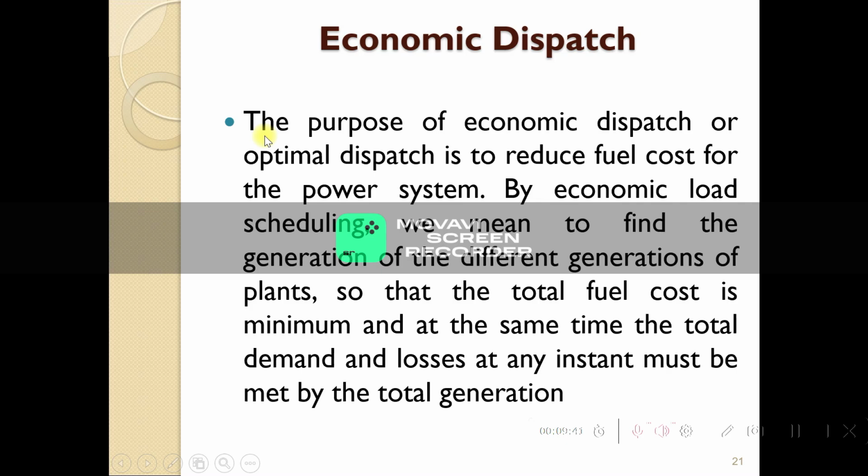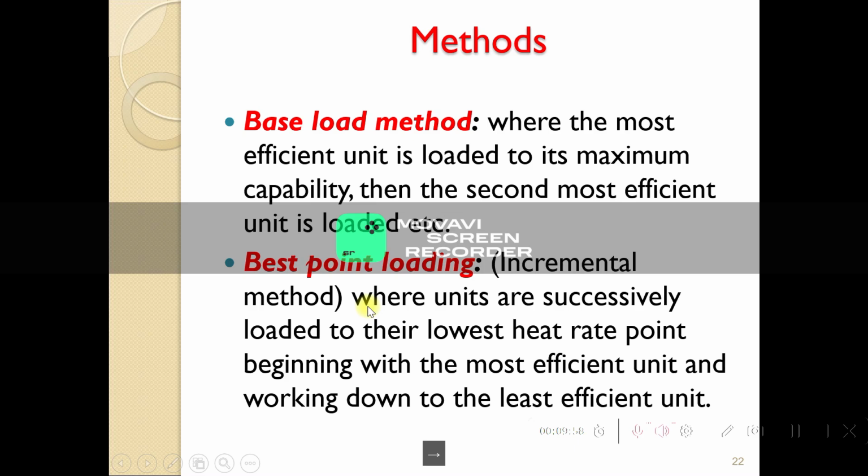Economic dispatch. The purpose of economic dispatch, or optimal dispatch, is to reduce fuel cost for the power system. By economic load scheduling, we mean to find the generation of the different generating plants. Methods: base load method and best point loading.